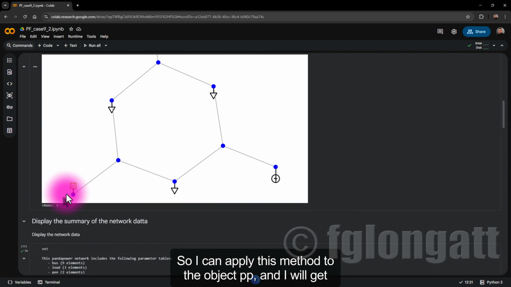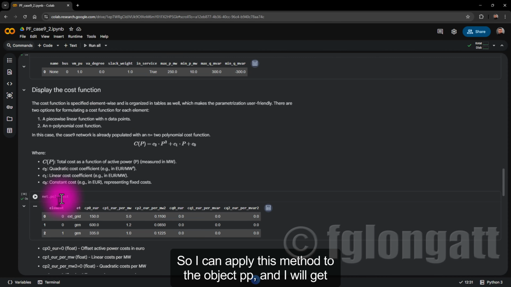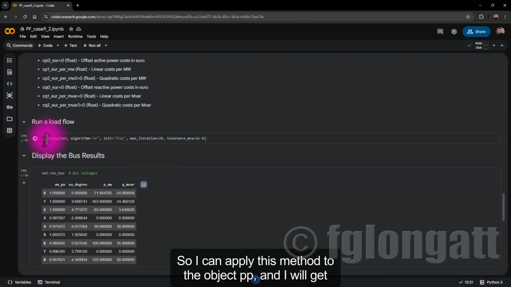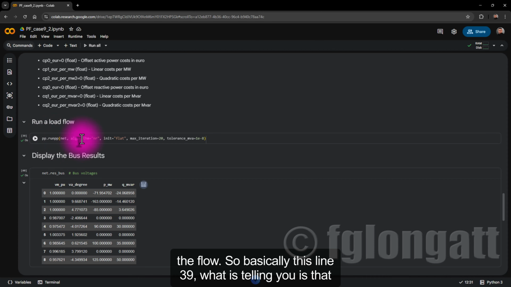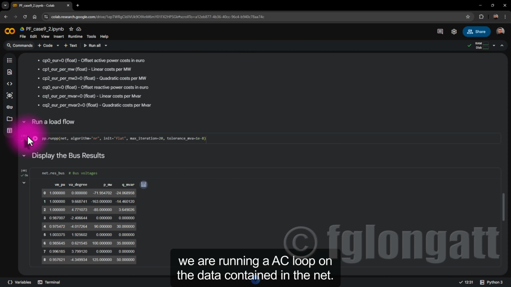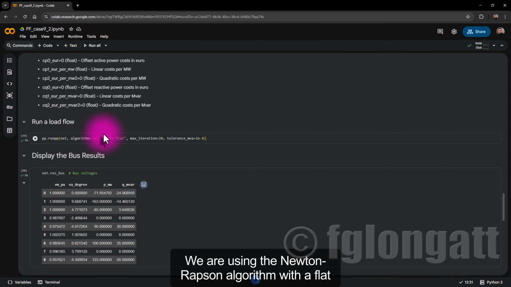So I can apply this method to the object PP and I will get the load flow. Basically, this line 39 is telling you that we are running an AC load flow on the data contained in the net. We are using the Newton-Raphson algorithm with a flat initial condition.